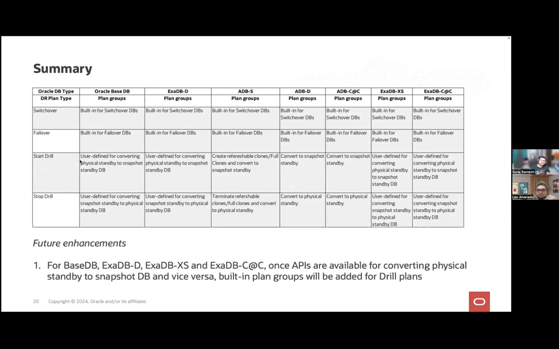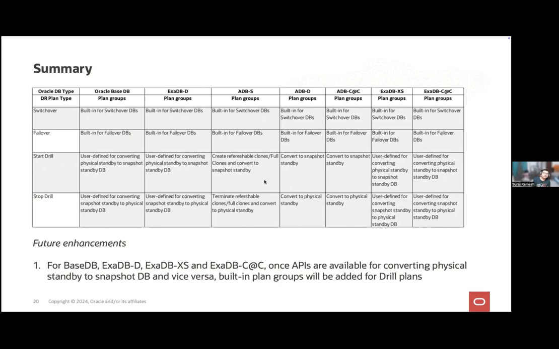For the drill, I've already explained why we don't pre-populate the recovery steps. But for Autonomous, Autonomous Dedicated, and Autonomous customer-managed, there are already APIs available for converting standby to snapshot, and also refreshable clones and full clones. So there are built-in steps pre-populated automatically if you use the Autonomous offerings.